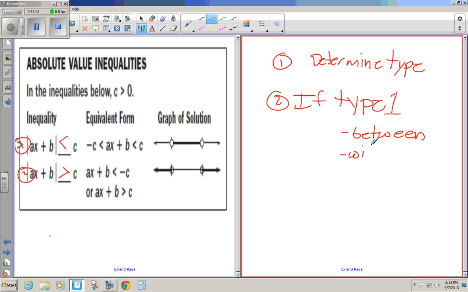And it's between with the same inequalities but opposite signs. So you put it between with the same inequalities but opposite signs.